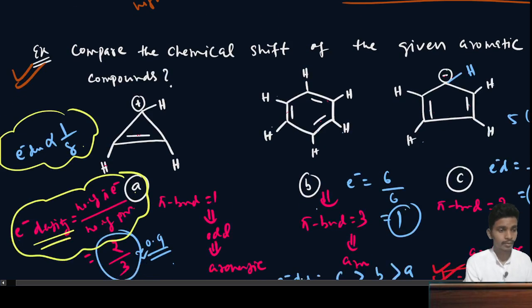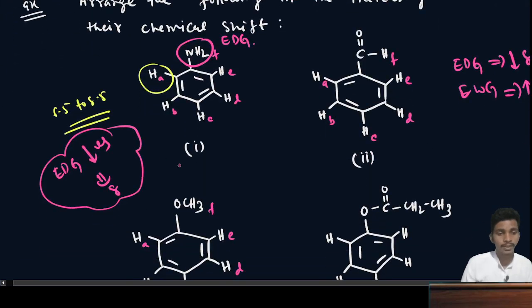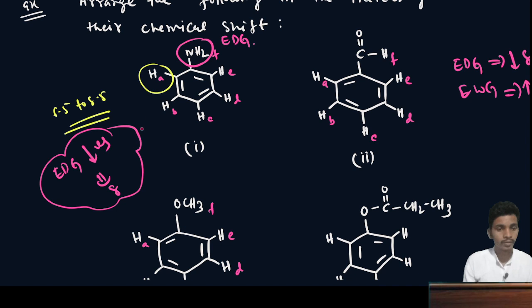Okay, for this case, compare the chemical shift. This is the electron donating group, and the electron donating group decreases the chemical shift. So the electron density will come to the ortho and para positions.